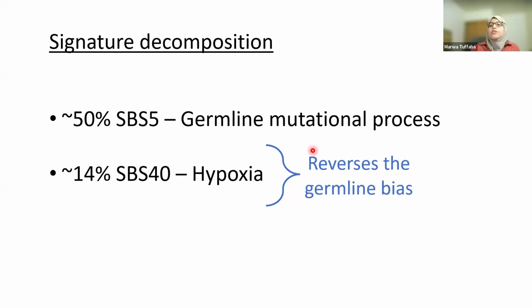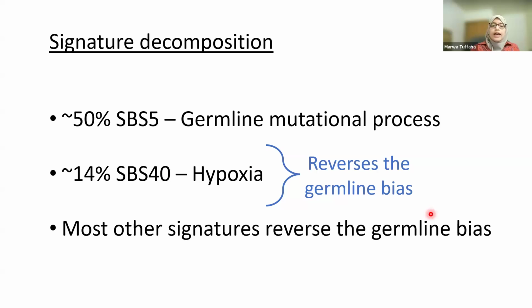And this signature reverses the germline bias very strongly. Actually, most of the other signatures also reverse the germline bias, but this was the most interesting one, and I don't have time to discuss the others.